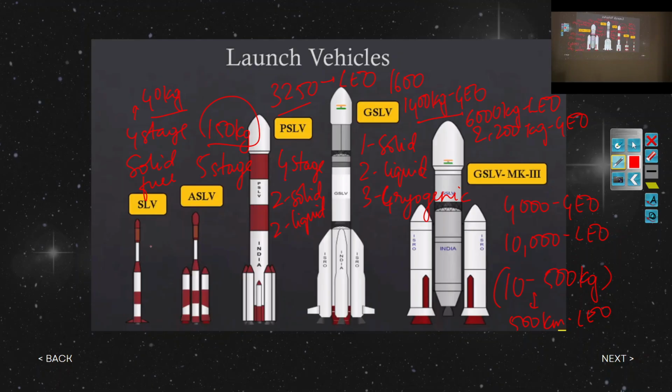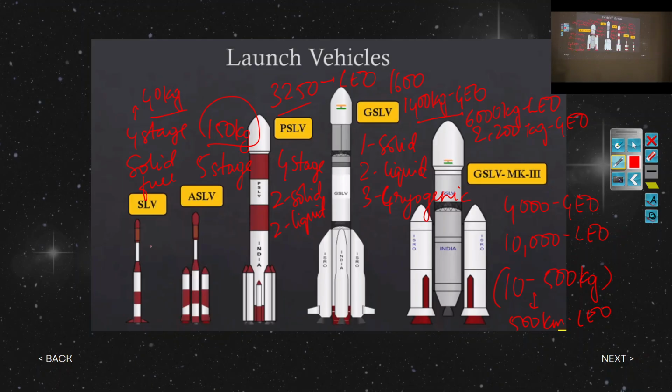It has a maximum payload of 30,000 kgs for low earth. It will gradually decrease as we go higher up.